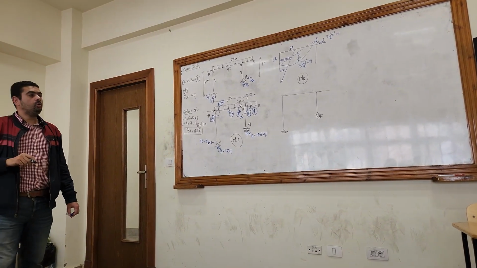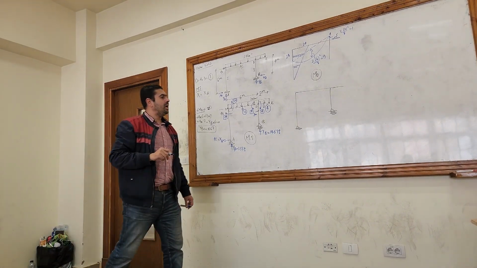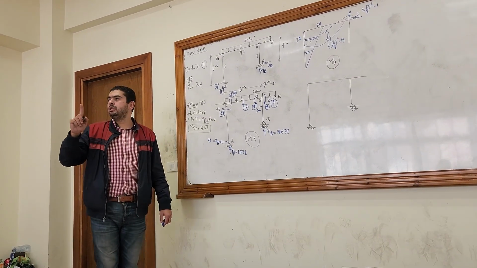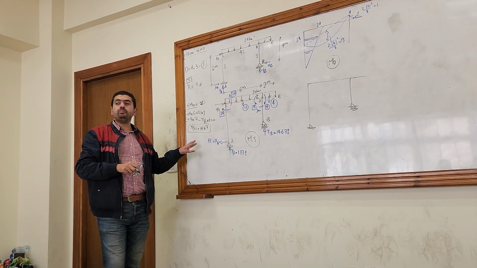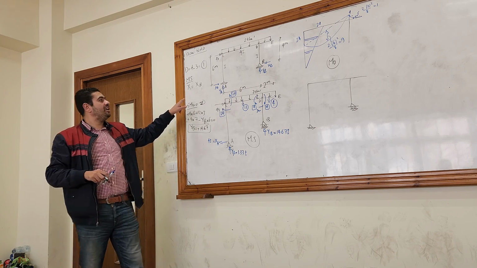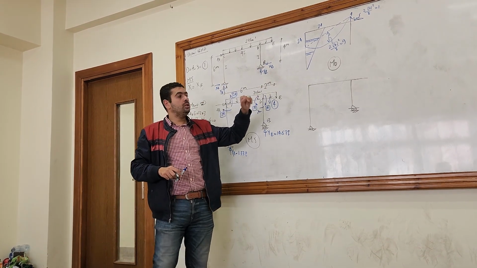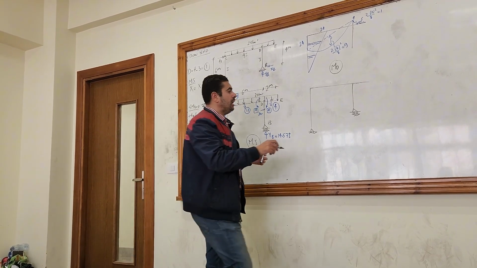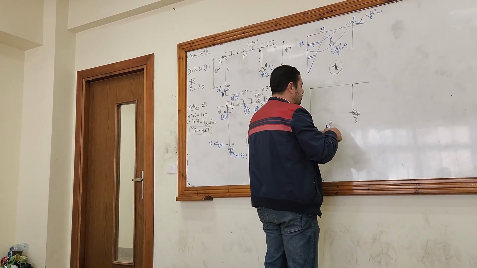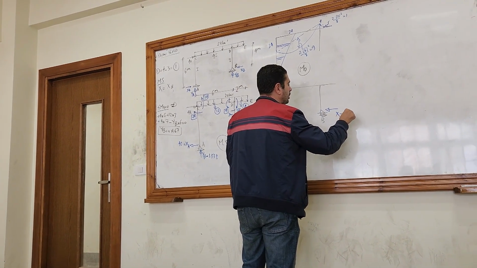Case 1 was the redundant case, right? So in case 1, I only put a unit load in the same direction of the redundant that I removed. Here I removed a horizontal reaction at B. So at B, I will put a horizontal force equal to 1 ton.